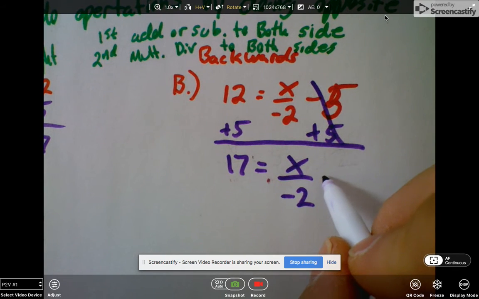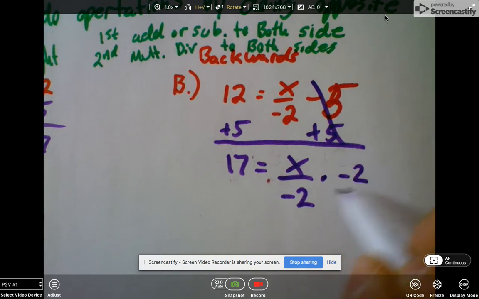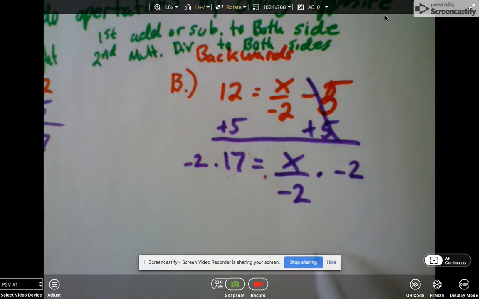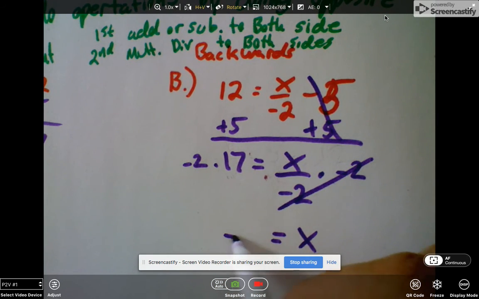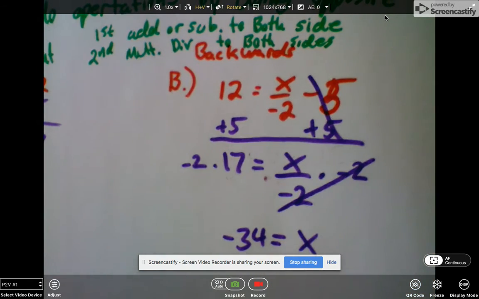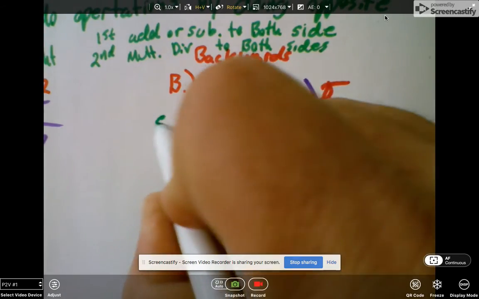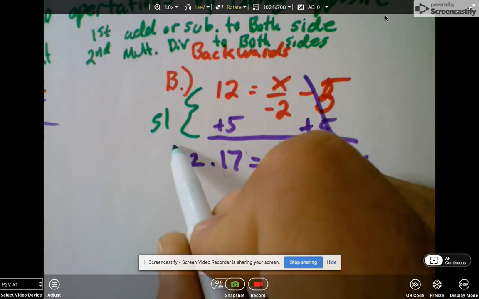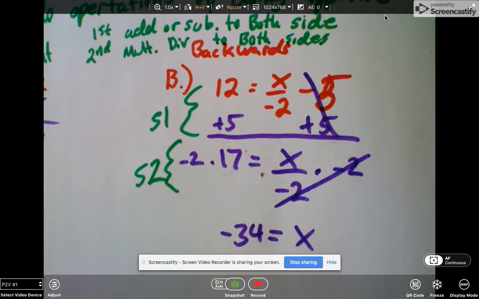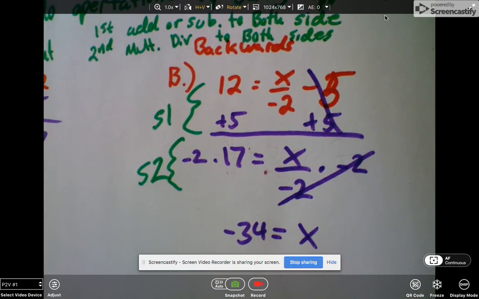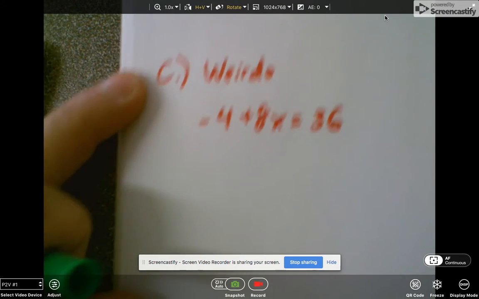So this is to multiply both sides by negative 2. Multiply by negative 2, you do the opposite of division, and you're left with x equals negative 34. Again, if you want to see it clear, this is right here, step 1, and then right here, this is step 2.